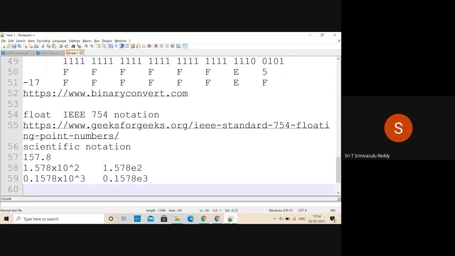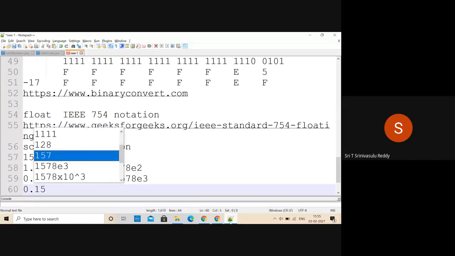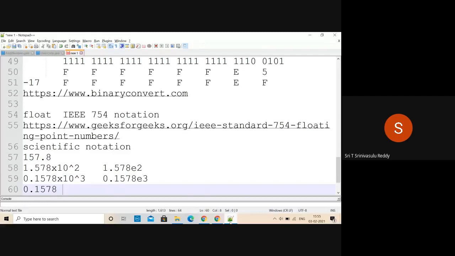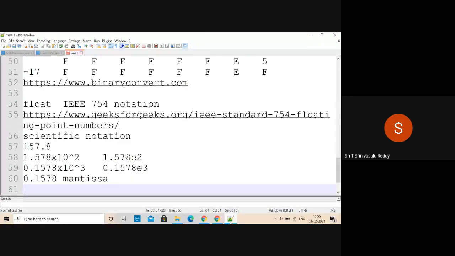E stands for into 10 to the power, exponent actually, followed by 2. So in the decimal format, 0.1578 is called the mantissa part, and the 3 is called the exponent part.